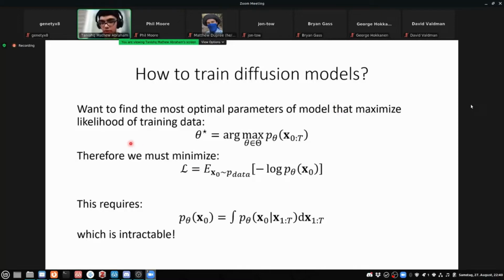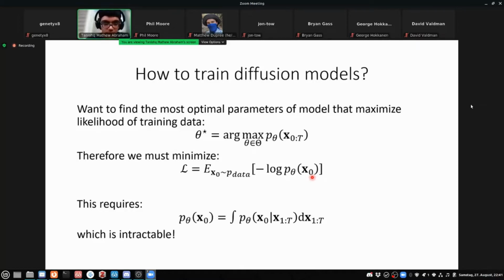negative log likelihood term. But this is not tractable to optimize directly, because we have this function, which is the negative log likelihood of the probability distribution of our images, and that is dependent on these time steps or these latent variables.